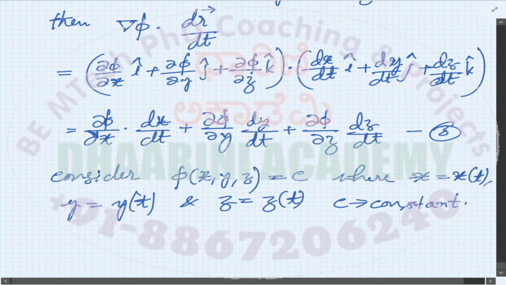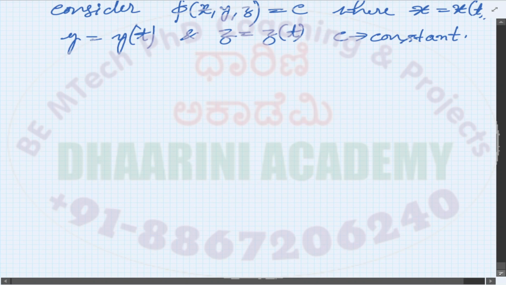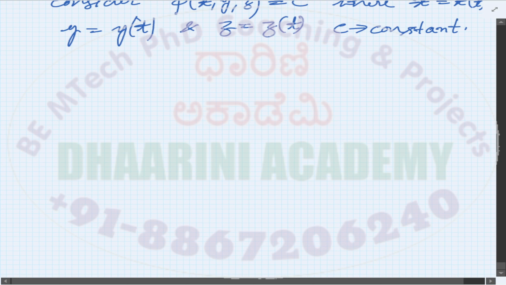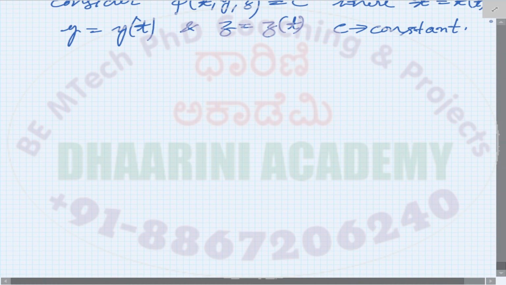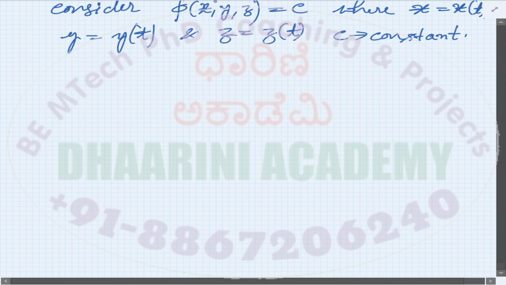All right. In this particular situation, let's try to analyze this so that let's differentiate. Since this given function is a constant, phi of x comma y comma z is equal to constant, right?